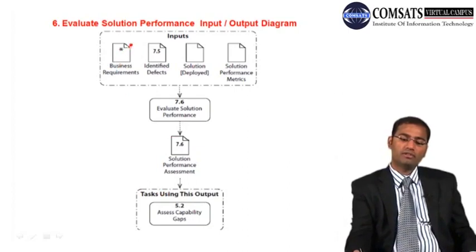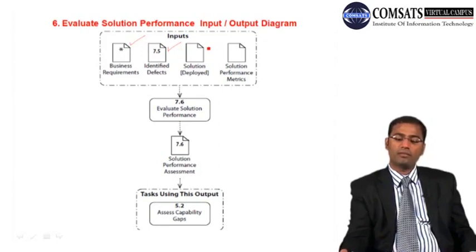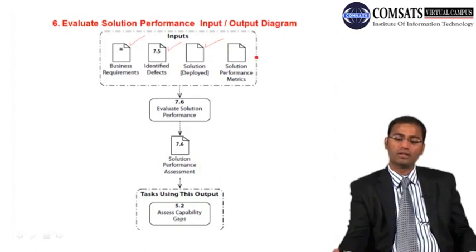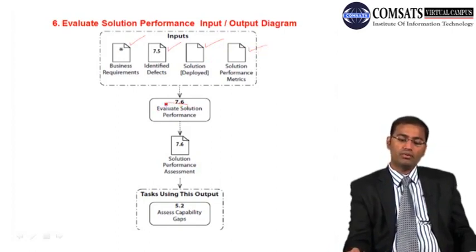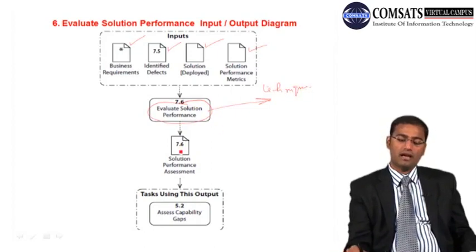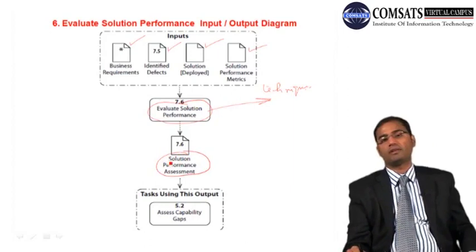And we are having business requirements, we are having identified defects, which was output of previous task, and solution deployed. ये वो solution है which is currently in use, and solution performance metrics. So we need to evaluate the performance. We will apply techniques, and we will have solution performance assessment.